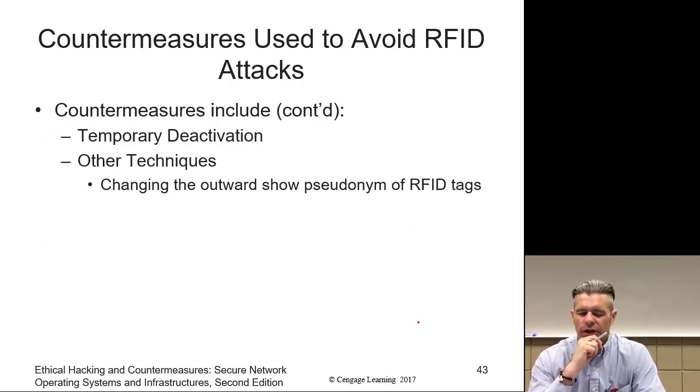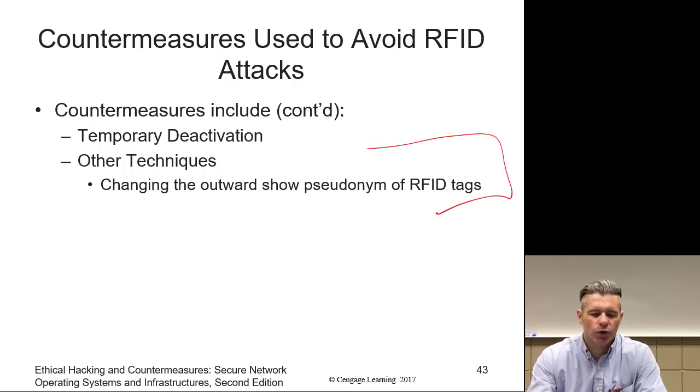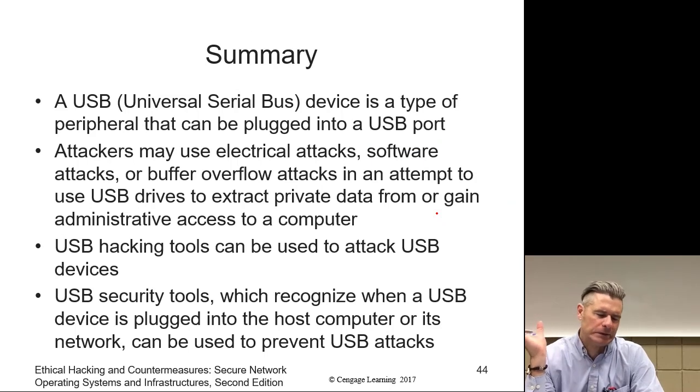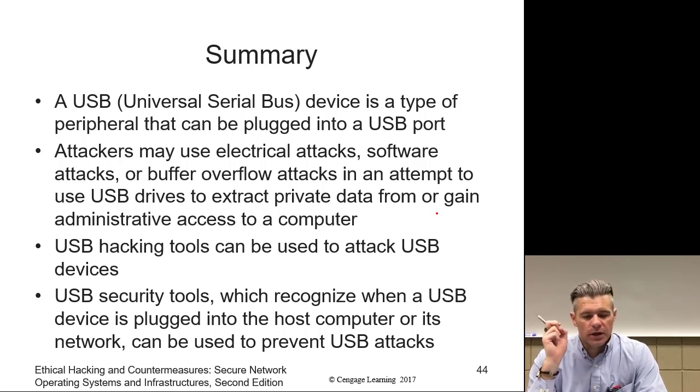Turning things off is still a good idea. And then potentially changing the outward pseudonym, or what they're called. So I wouldn't use RFID for anything super ultra secure. They're great if you want to know where the part is in the chain, but I'm leery of using them in security systems for all those reasons.